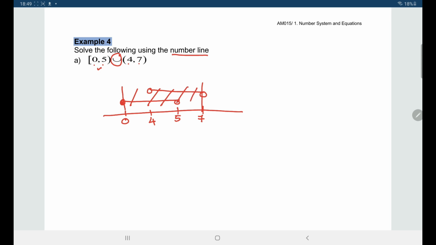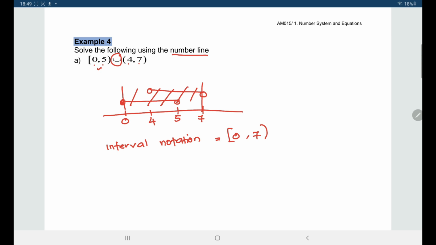We have two methods to write the answer. First method, interval notation. So it equals 0 to 7. 0 has a filled circle, so closed. And 7 has an empty circle, so open.